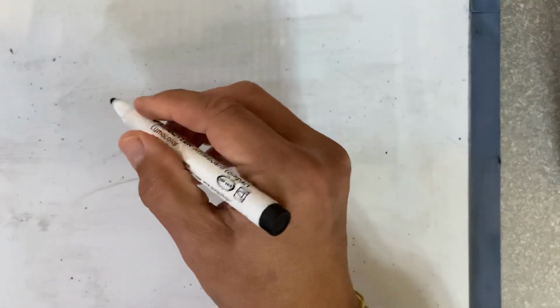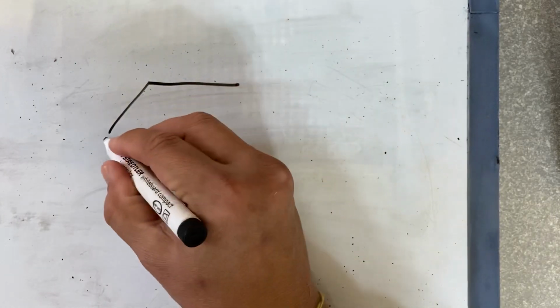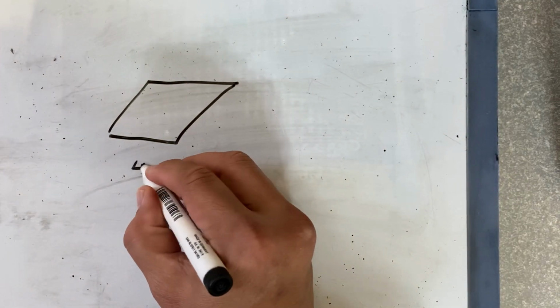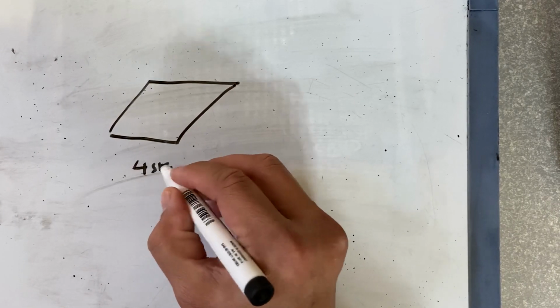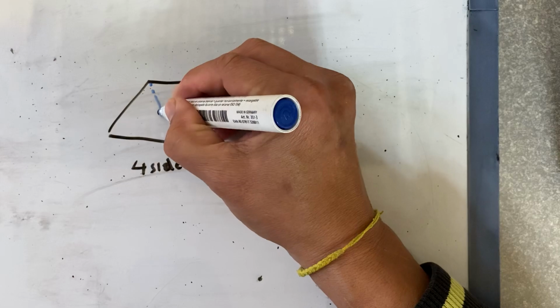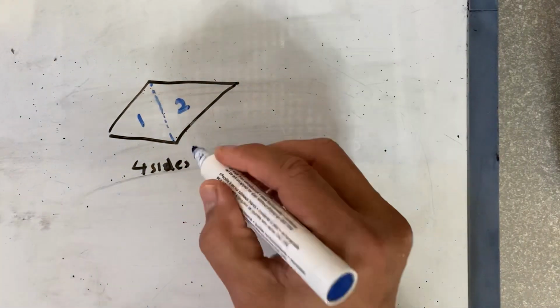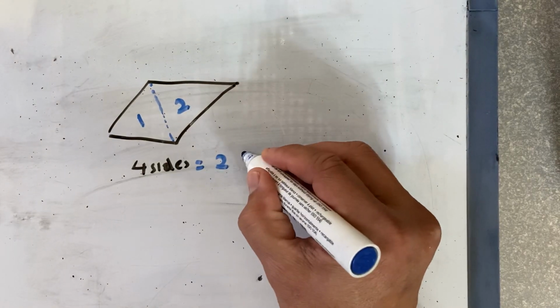So for example, if we have a four-sided figure, this is called a quadrilateral. A quadrilateral has four sides, and to make it simple, we are going to break that quadrilateral into a number of triangles. If we cut it into two, this is one triangle and two triangles. So if you have four sides, it gives you two triangles.